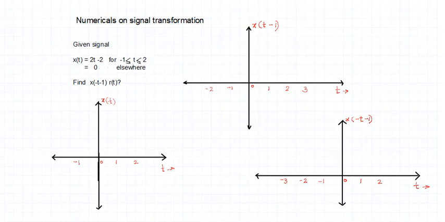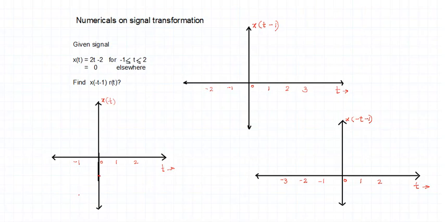If you want, you can simply mark the points first. So here is my magnitude, minus 4. Then let us calculate the magnitude at 0. Next time instant, t is 0. When I put t as 0 here, what is the magnitude? 2 into 0 is 0. 0 minus 2 is minus 2. So at 0, I expect the signal to have a magnitude of minus 2.